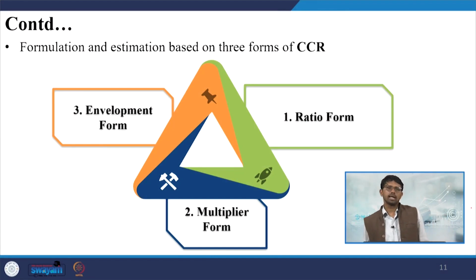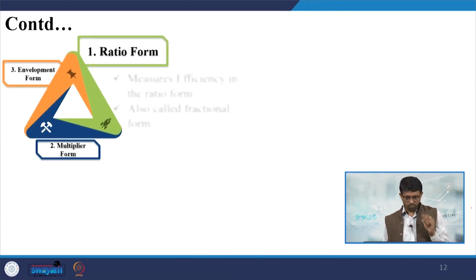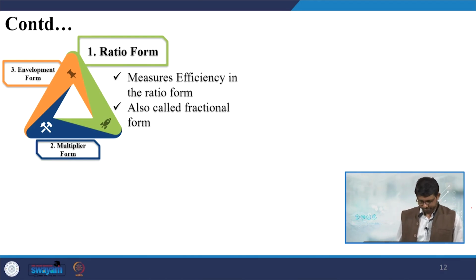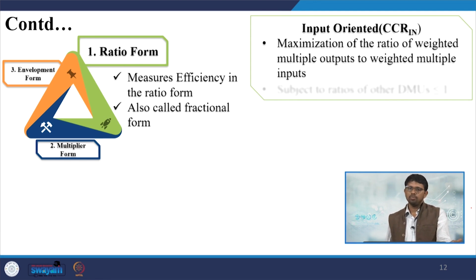There are different formulations and estimations based on three forms of CCR. We start with the ratio form, where efficiency is measured as a ratio, and this is also called the fractional form. In the input oriented model, where CCR input is written, in the ratio form the attempt is to maximize the ratio of weighted multiple outputs to weighted multiple inputs.